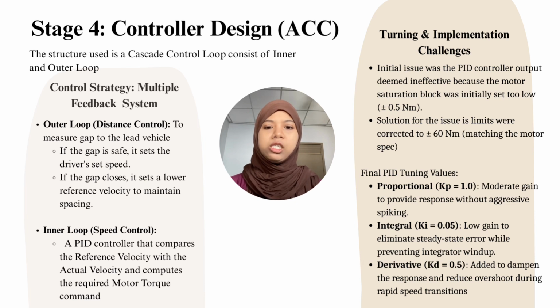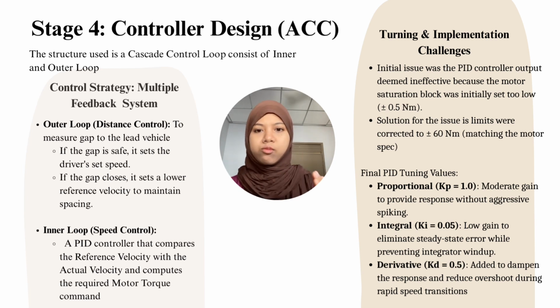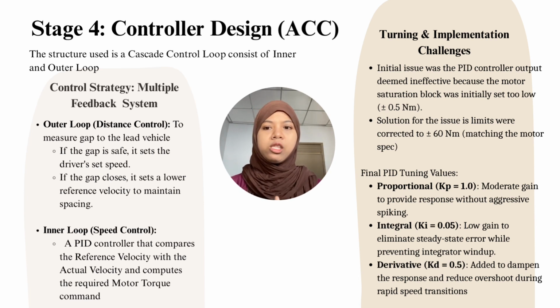So our initial implementation faced a challenge where the PID output was ineffective due to a motor saturation block set too low, which was corrected by increasing the motor specification, where the upper limit is 60 Newton meters and the lower limit is negative 60.